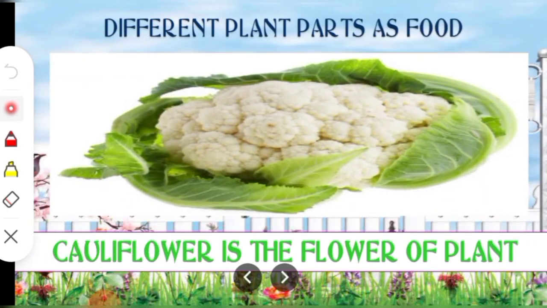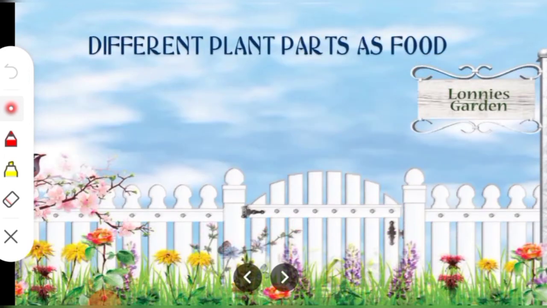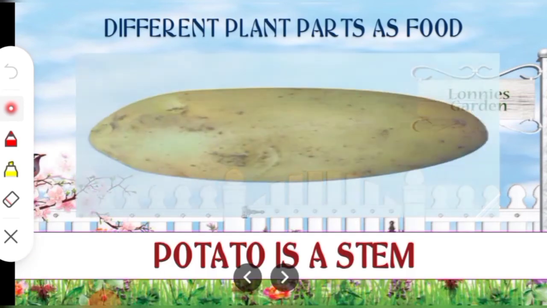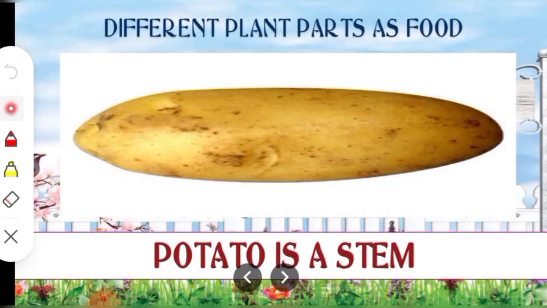Cauliflower is the flower of a plant. The next one is potato. Potato is a stem, and you all know that carrot, cauliflower, and potato are cooked as vegetables and eaten as food.